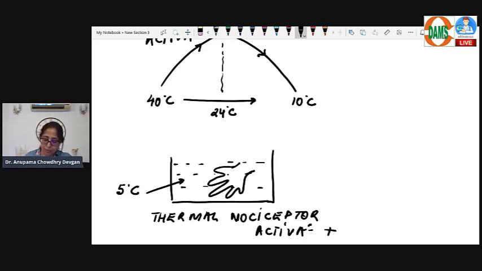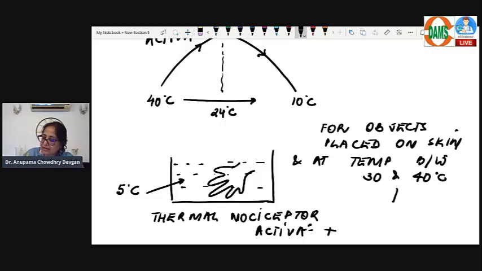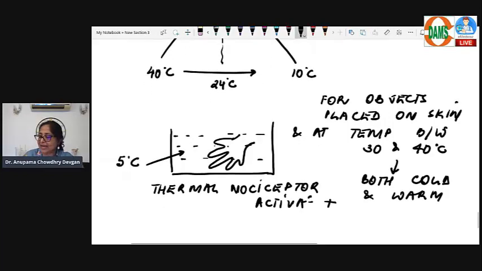Okay? Now, another important point: for objects placed on the skin at temperatures between 30 and 40 degrees Celsius, both cold and warm thermoreceptors will be activated.